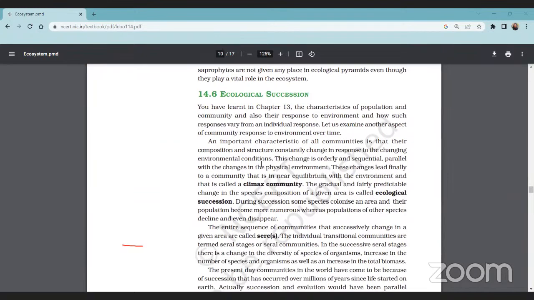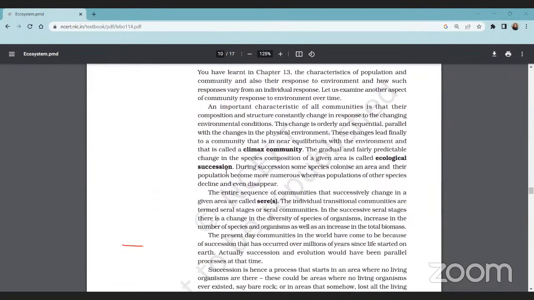And ecological succession. Here, an important characteristic of all communities is that their composition and structure constantly change in response to changing environmental conditions.